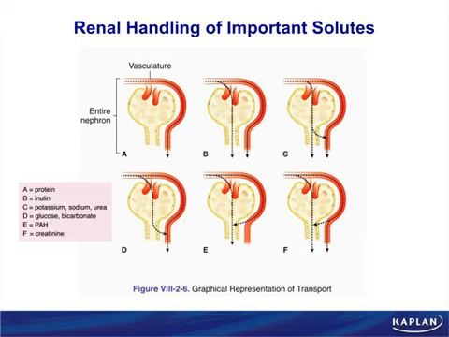And if you look in the renal vein, you will see a concentration of the substance. So the clearance is low here. You're secreting, your excretion rate is higher than your filtered load, and your clearance is low. So that would be a substance like creatinine or PAH at high concentration. So these are some graphical representations of renal handling of important solutes.